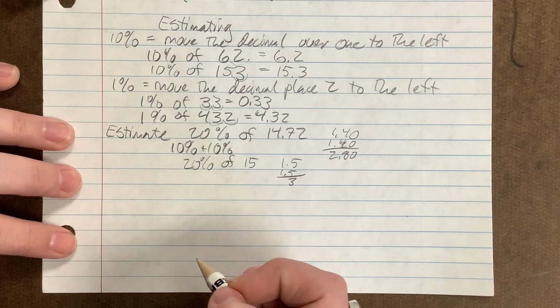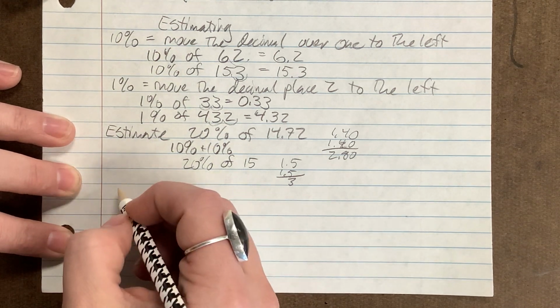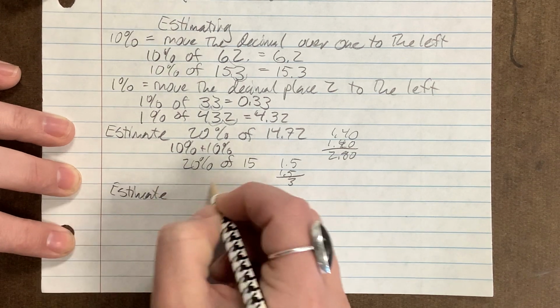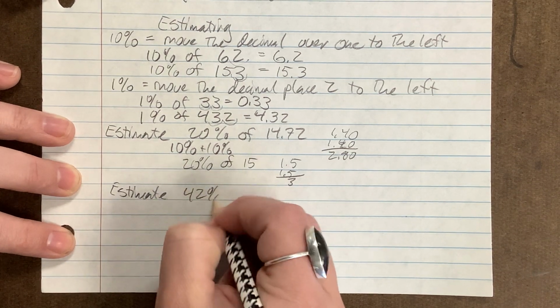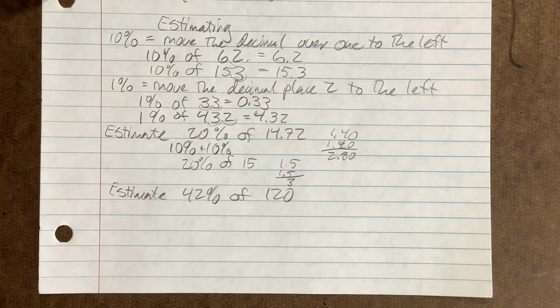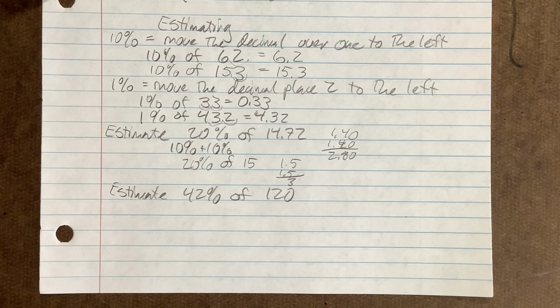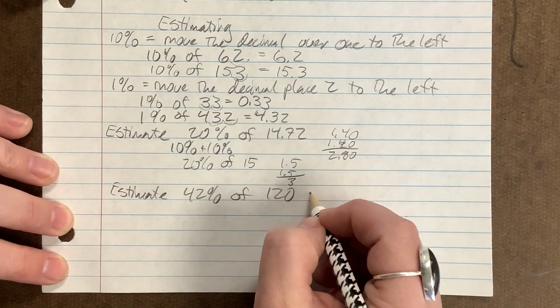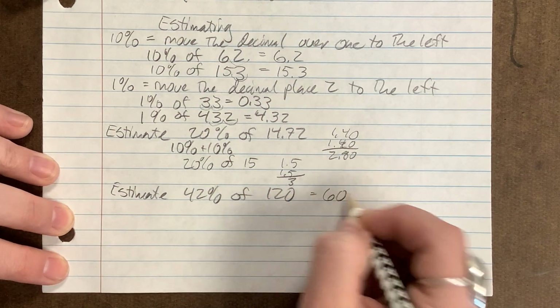Okay? If you're going to estimate something like 42% of 120, we can actually round our estimate up. For 42% is kind of close to 50%. 50% is half. And so if we think about that, half of 120 would be 60.